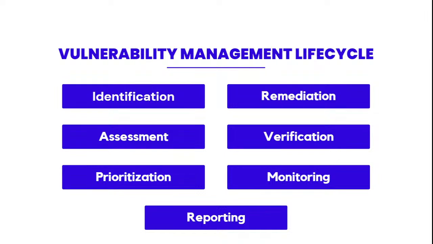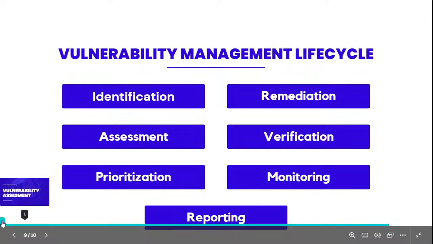Once the identification has been done, say you have identified 4 or 5 vulnerabilities present in the network, the most important thing comes next: how you are going to assess that particular vulnerability and how you are going to prioritize it.